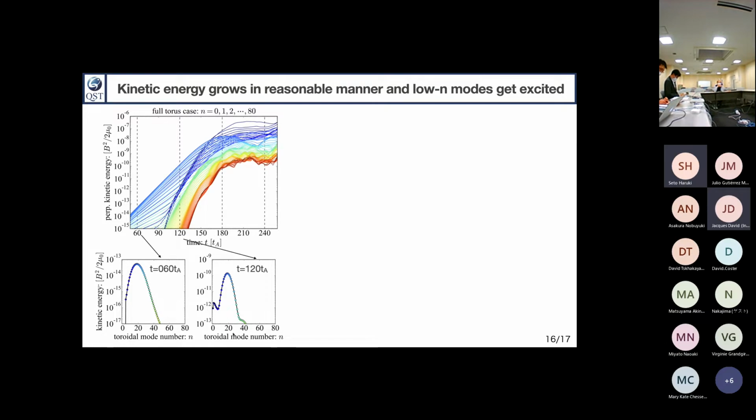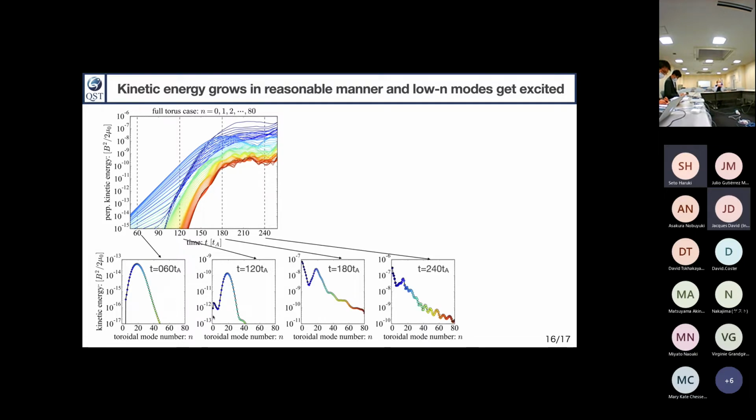And the higher modes also get excited via coupling among the initially unstable modes and low n modes. And finally, the kinetic energy spectra reach the nonlinear saturation phase, and the zonal flow, or n equals 0 component of perpendicular kinetic energy, is strongly excited like that.